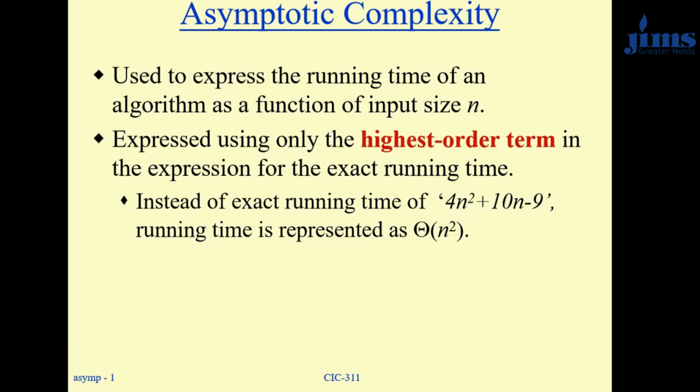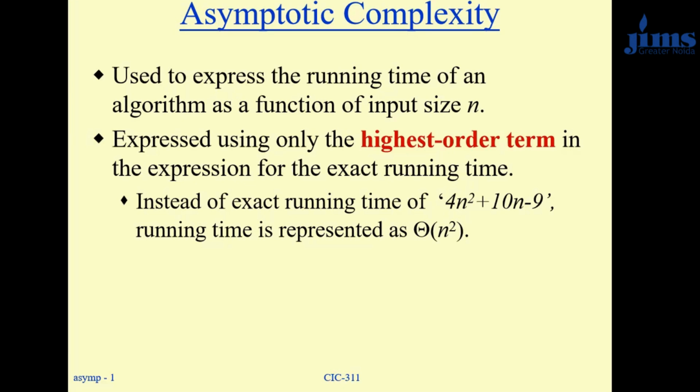Next point, it is expressed only using the highest order term in the expression for the exact running time. For example, if the running time is 4n square plus 10n minus 9, then the running time will be represented as theta n square. As we shall discuss, we shall count the frequency of execution of each and every statement in the algorithm, and then we shall add all the terms.